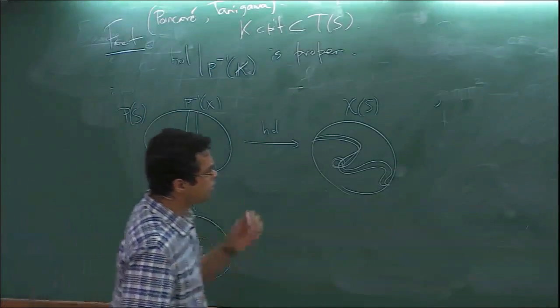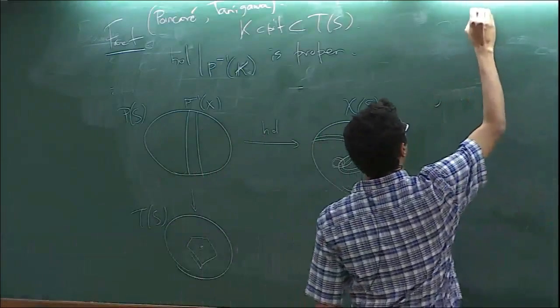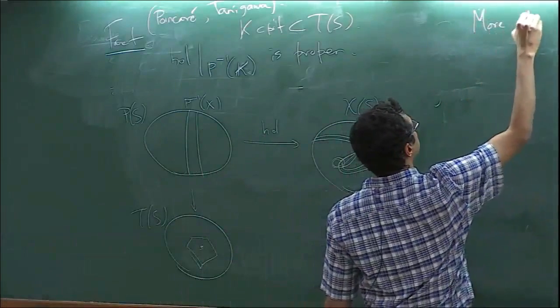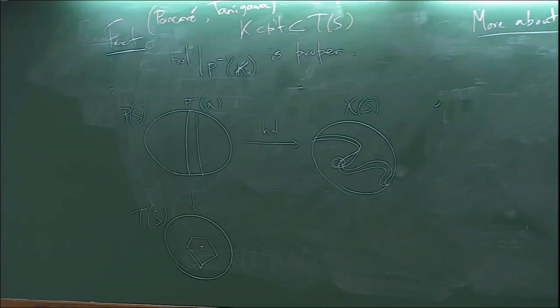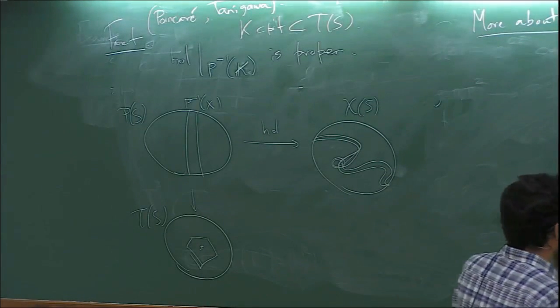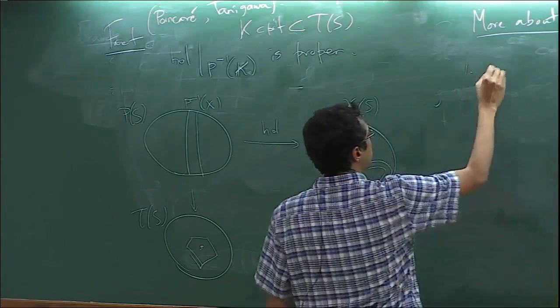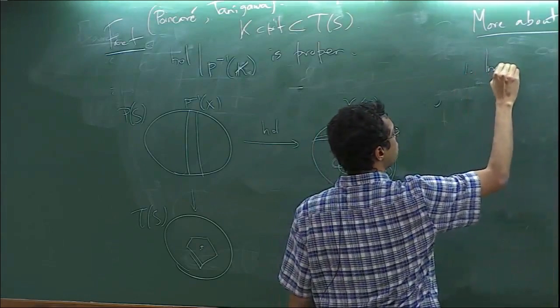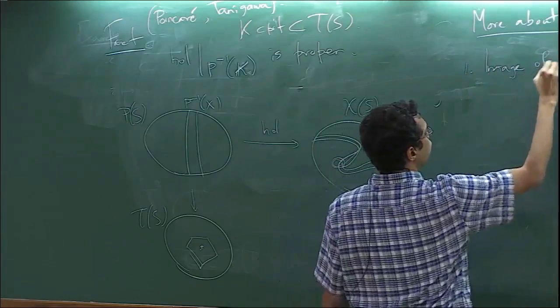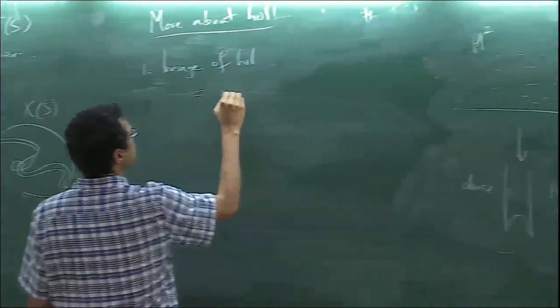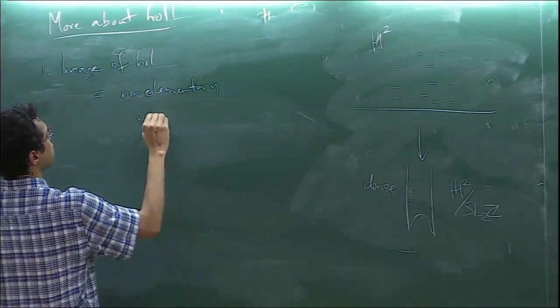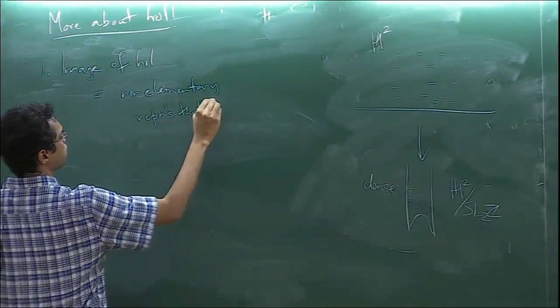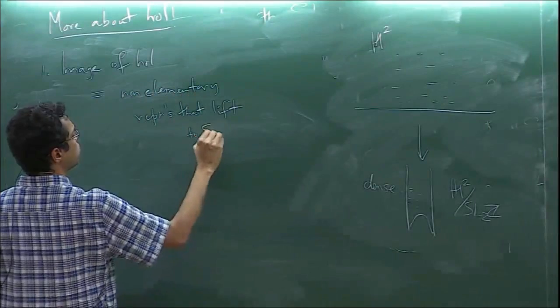over Teichmüller space. So let me say more about this holonomy map. The image of the holonomy map is known. The image of Hol equals all non-elementary representations that lift to SL2C.